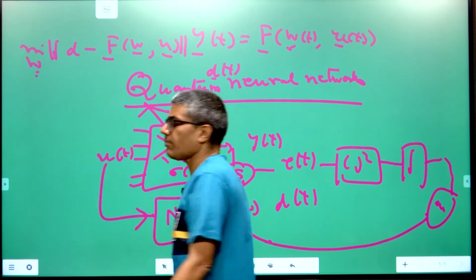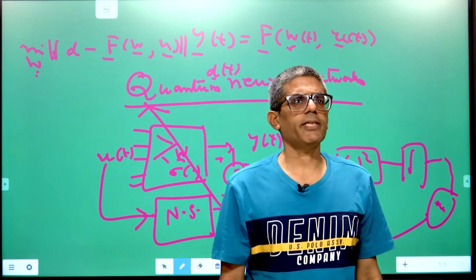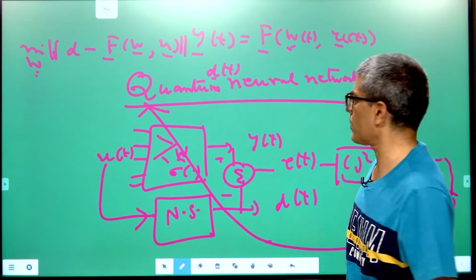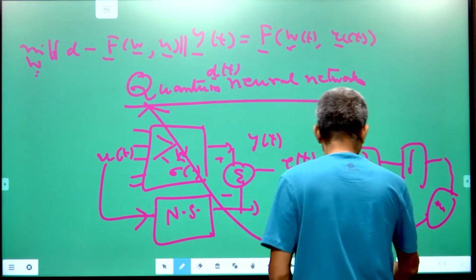Now, you can have a system having memory. If it has memory, then it is described by a stochastic differential equation, and you want to model that using a neural network.